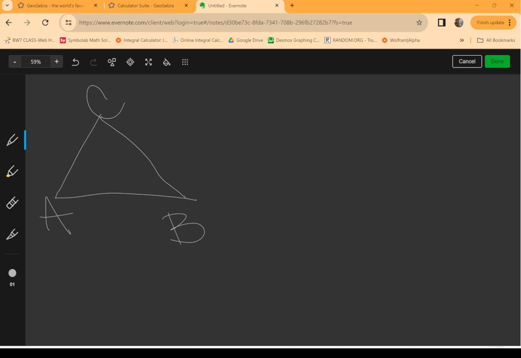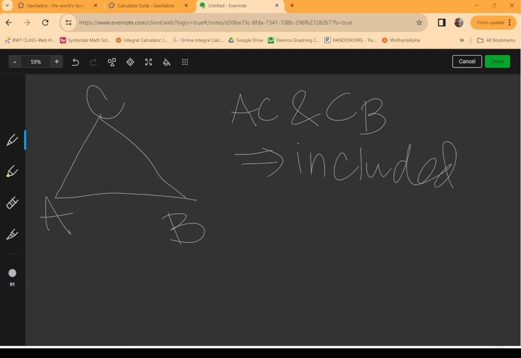So let's say we have side AC and side CB. So that would be AC and CB. So that'll be these two sides here. The included angle is angle C.